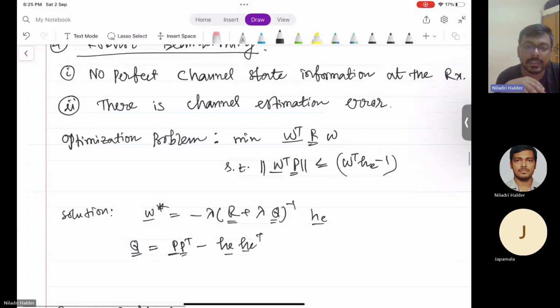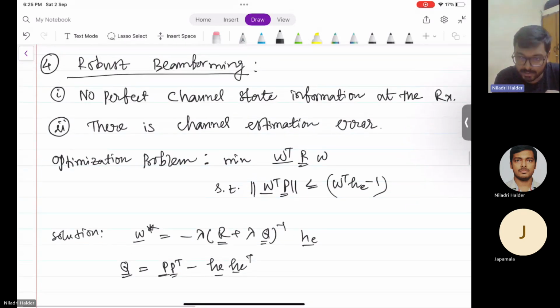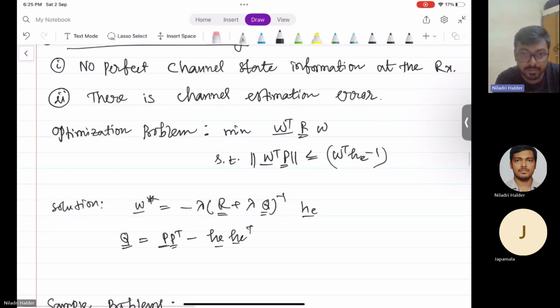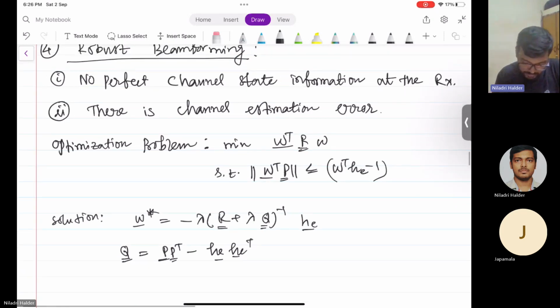And robust beamforming for this case: we have channel estimation error, and we need to minimize the noise plus interference power subject to this constraint, W transpose P less than or equal. This is coming from the ellipsoidal estimation error scheme that the professor has already taught.